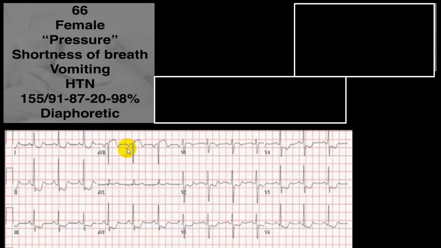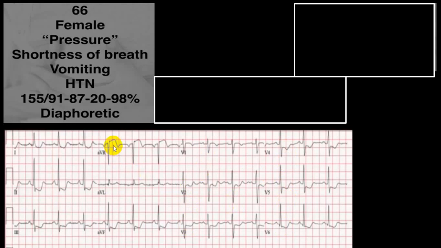Now if you look here, there is ST depression in lead 1, lead 2, lead 3, aVF, also in V2, V3 with upright T wave, and also ST depression in V4, V5, V6. So there are a lot of changes.